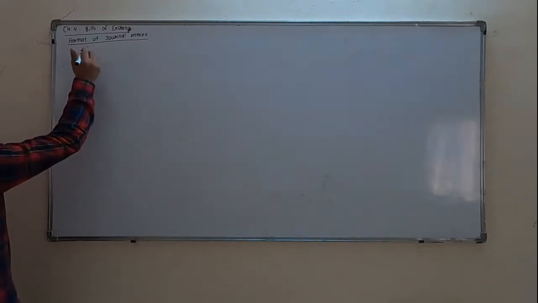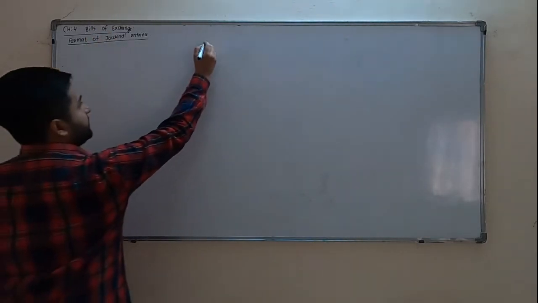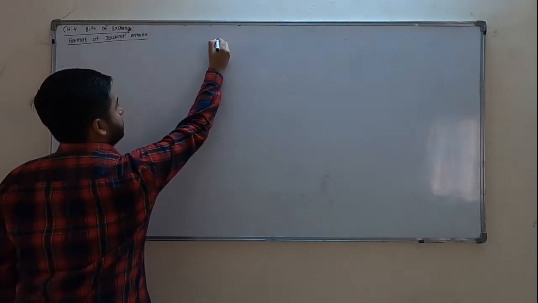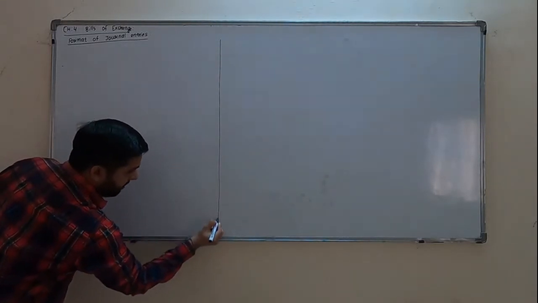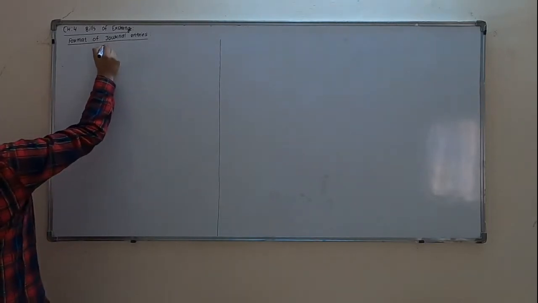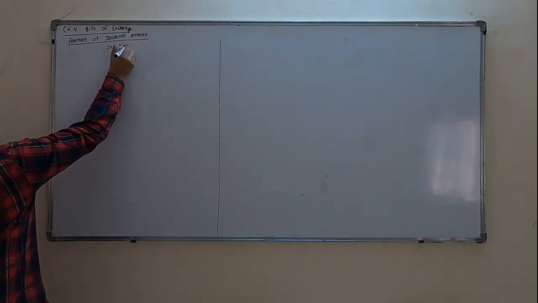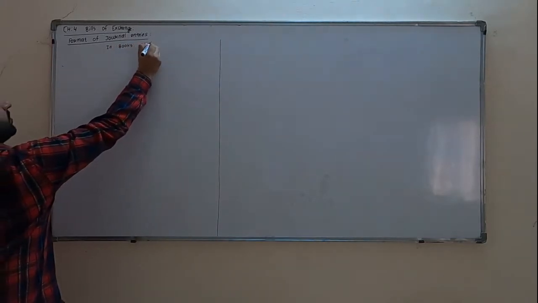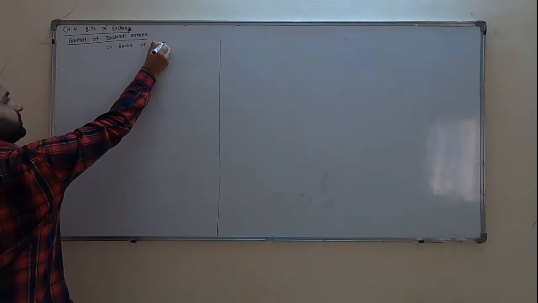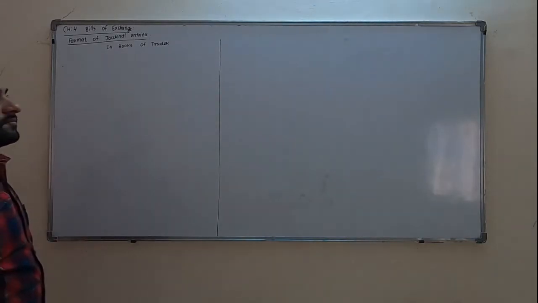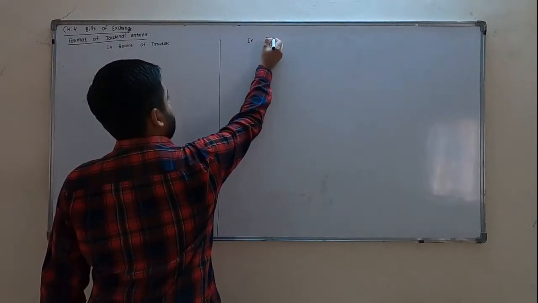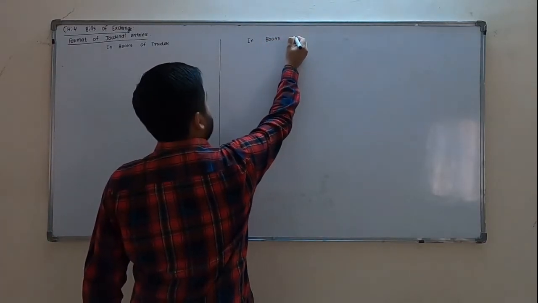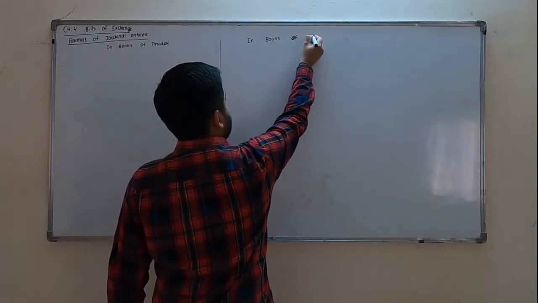So we will make two equal parts for it. Here we will write in books of trader, and here we will write in books of customer.